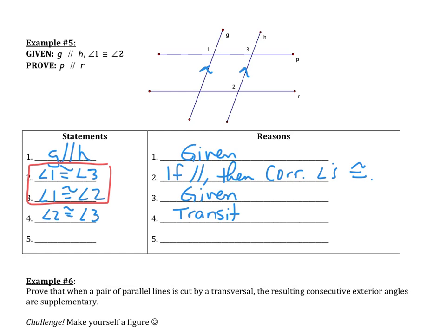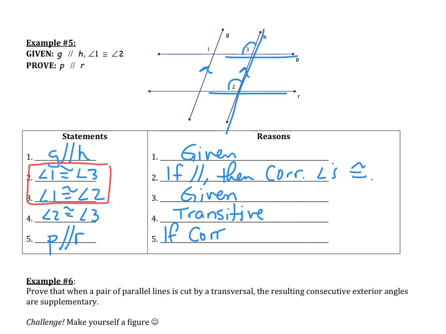Now, we're down to the end. And so now we're going to say P is parallel to R, because since 2 is congruent to 3, and 2 is on line R, and 3 is on line P, and they share that transversal, what type of angles are 2 and 3? We do have an if-then. If corresponding angles are congruent, then they're parallel.